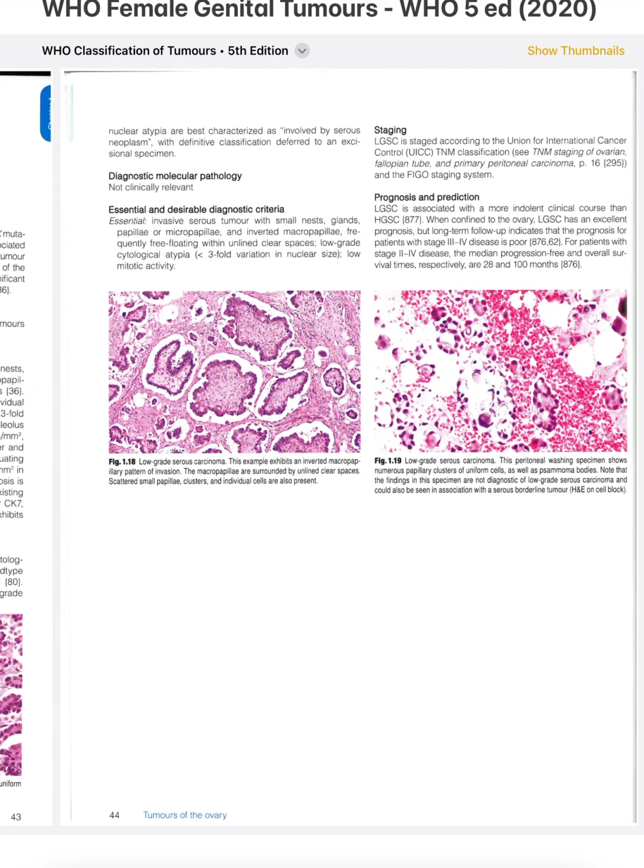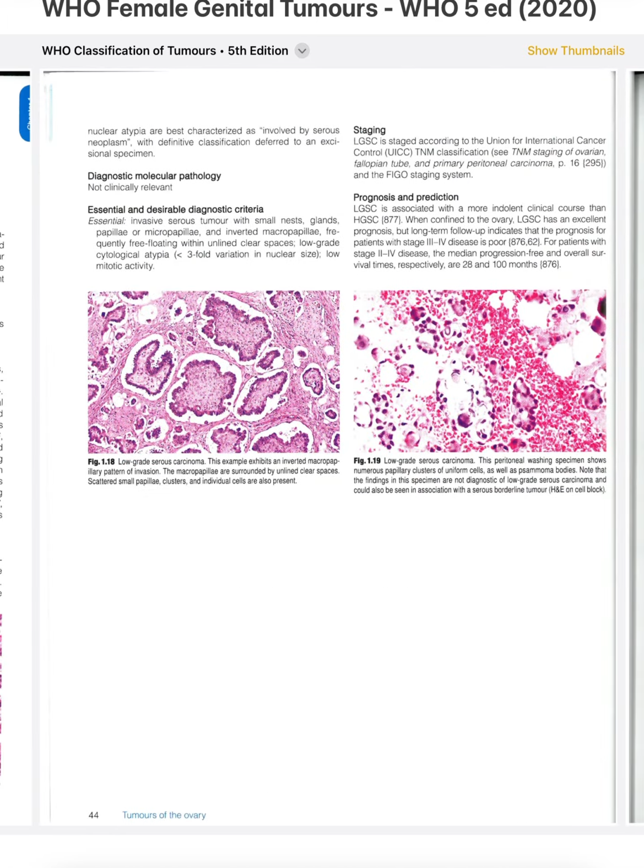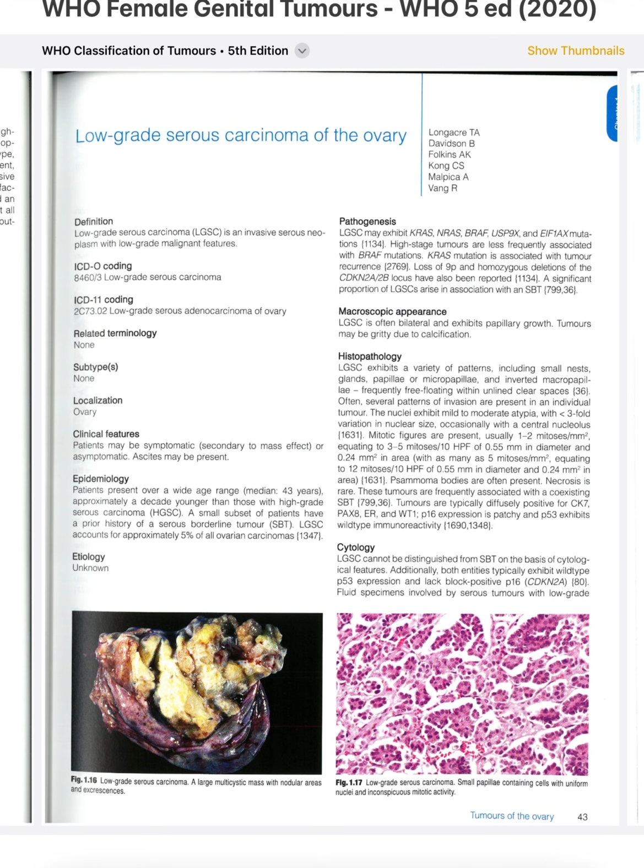Then we have low grade serous carcinomas, and then we have high grade serous carcinomas. Low grade serous carcinoma is an invasive serous neoplasm but with low grade malignant features. What do we mean by low grade malignant features? We'll talk about this when we discuss the histology. Location is obviously ovary, and the patients may be symptomatic secondary to the mass effect or asymptomatic.